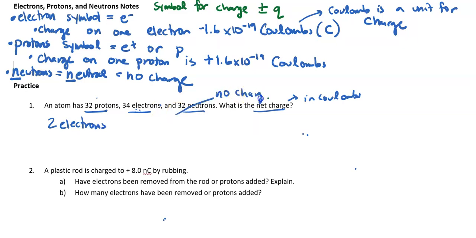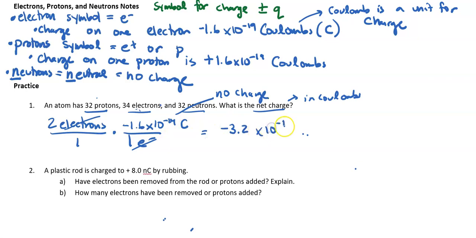I'm just going to cross those off. What's the charge on 2 electrons? I can set up a conversion: 2 electrons over 1, times the charge on 1 electron, negative 1.6 times 10 to the negative 19 coulombs per electron. The electrons cancel out, and that will be negative 3.2 times 10 to the negative 19 coulombs. That is the charge on an atom with 32 protons, 34 electrons, and 32 neutrons.